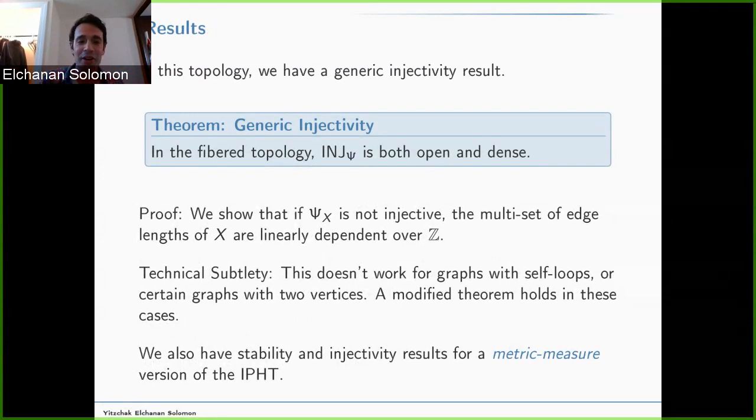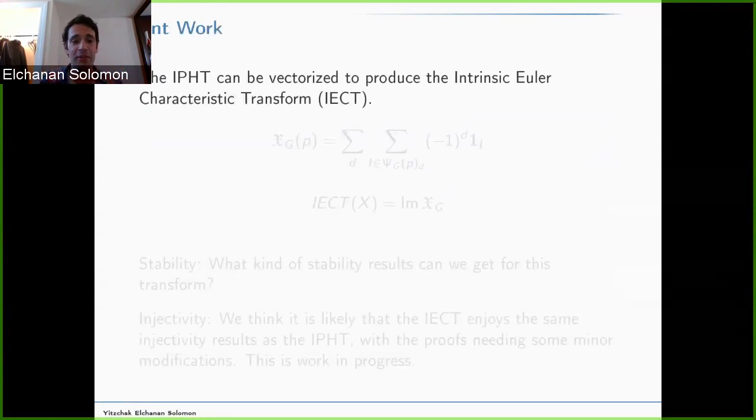So that's the results. Let me talk about the current work. So just like in the embedded case, there's an Euler characteristic version. You could try to do the same thing in the intrinsic version. There are many different ways of setting this up. Here's one that I think is a good one.